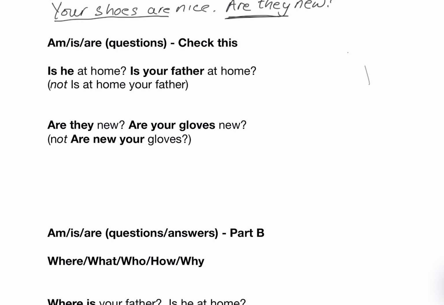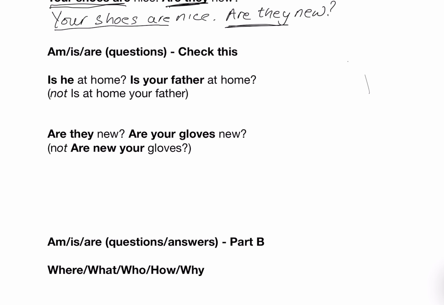So now let's check our understanding a bit further. Notice we said, is he at home? Is your father at home? When we ask a question, we don't say, is at home your father? This is not correct. So we say, is he at home?